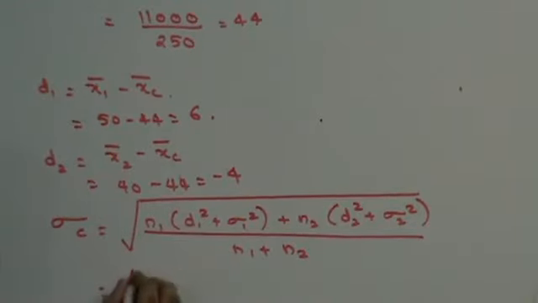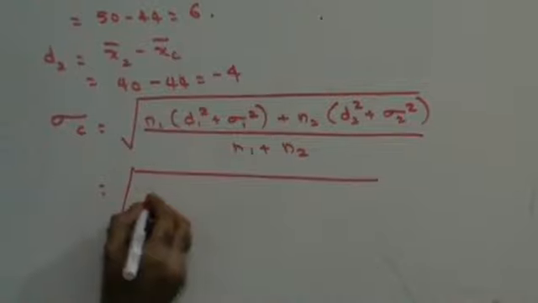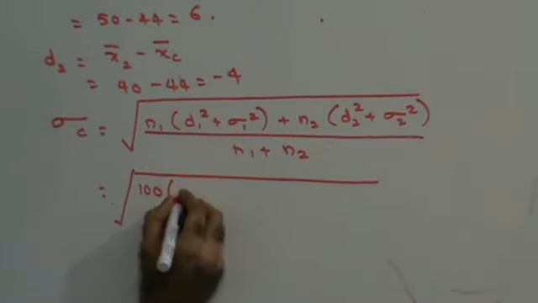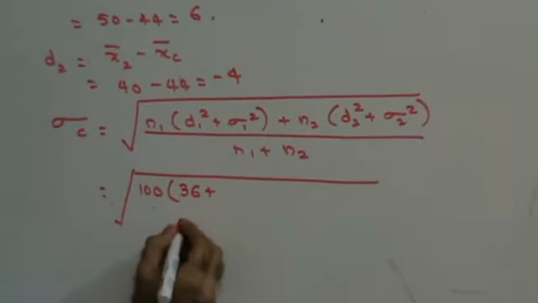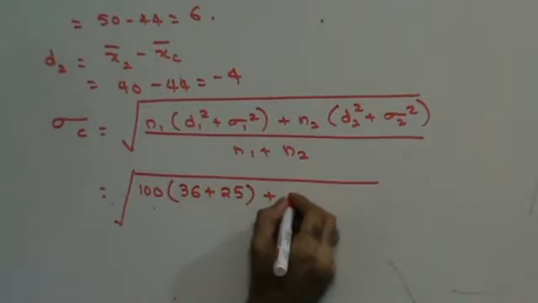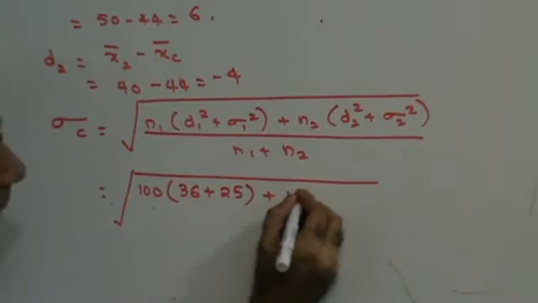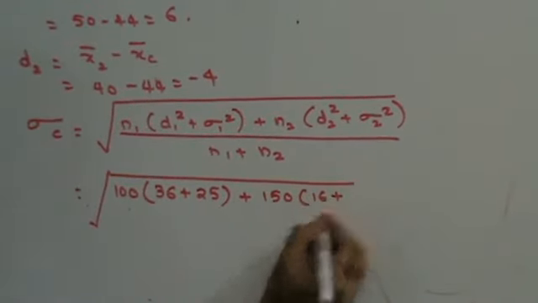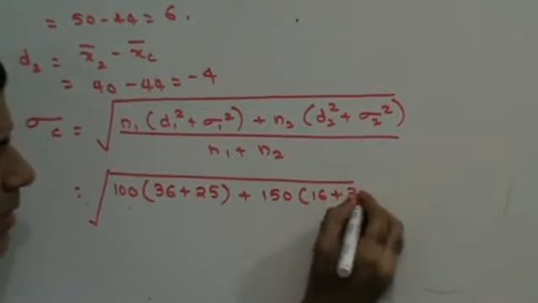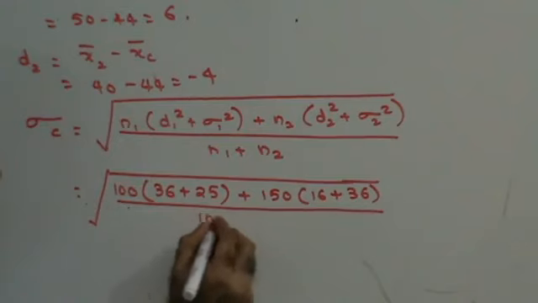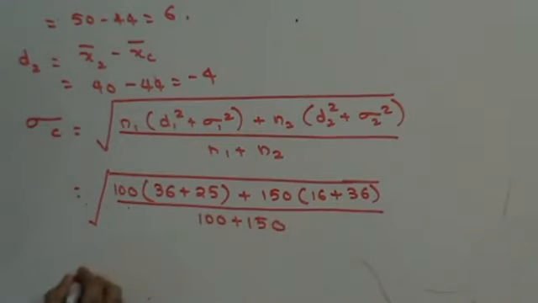This is going to be square root of n1, n1 is 100, right, into deviation 1, 6. 6 square is 36 plus 5 square is 25 plus n2, n2 is 150, into deviation 2 square, minus 4 square is 16, plus 6 square is 36, upon n1 plus n2, 100 plus 150.